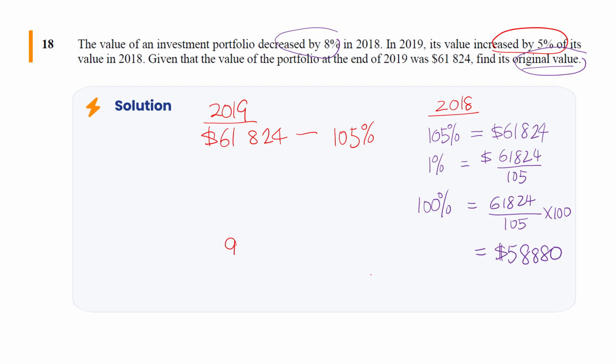So 92% is equal to 58,880. So we find 1% by dividing by 92 on both sides. And then we find 100%.